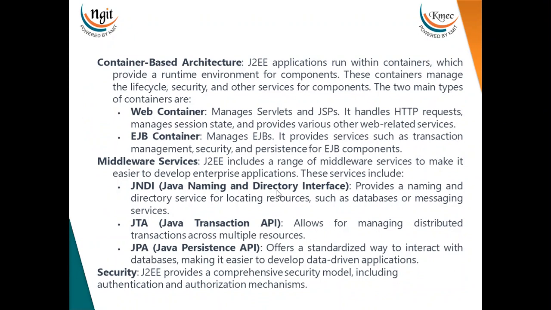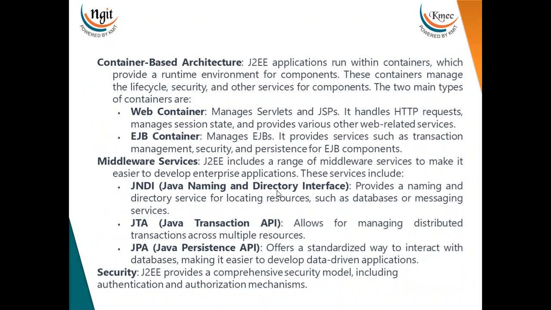Middleware services are also there in J2EE, developed for enterprise applications. Here are the middleware services like JNDI, that is Java Naming and Directory Interface. It provides the naming and directory services for locating resources, like locating databases or messaging services.